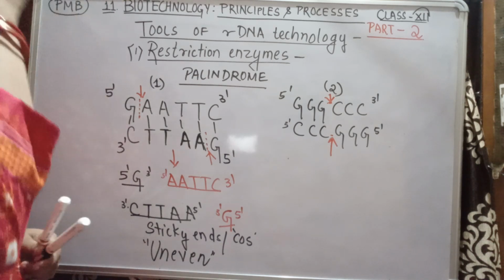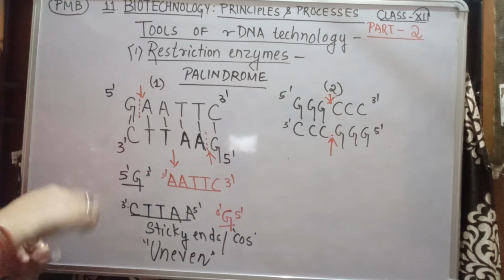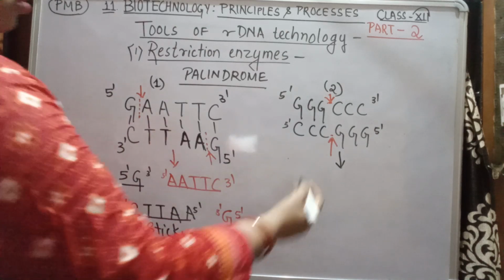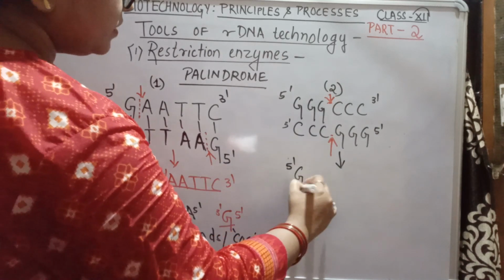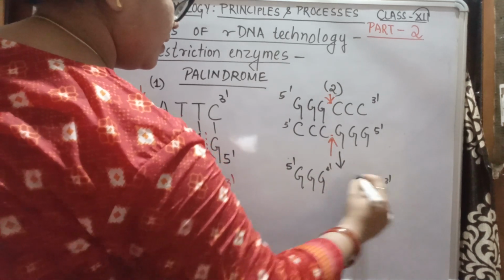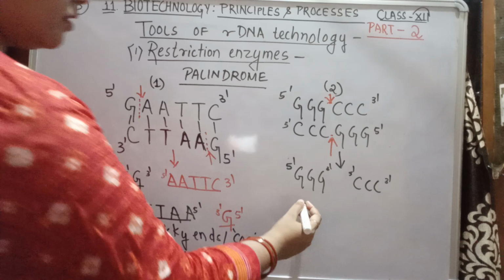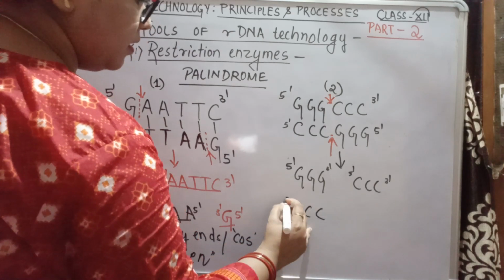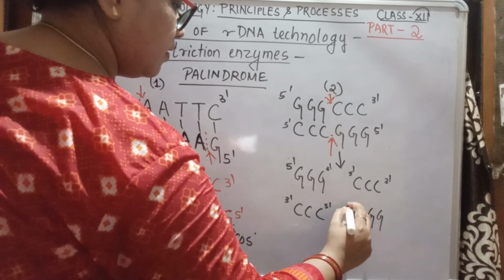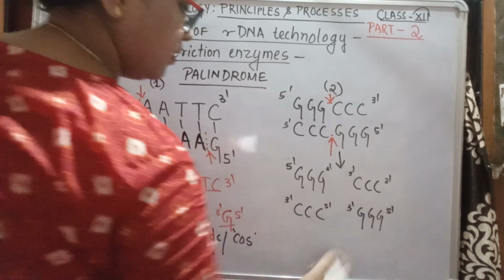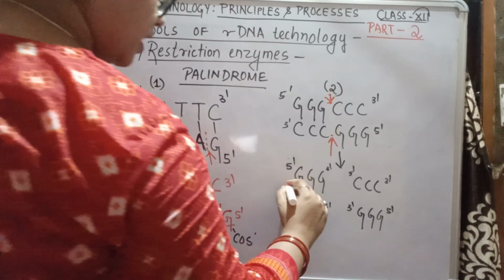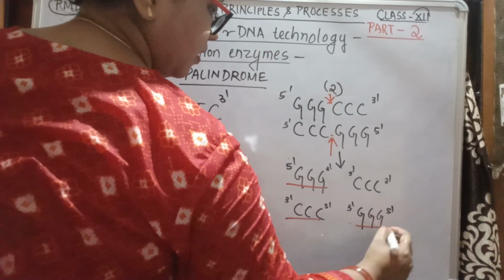Let's see how the ends would look. It would look like 5 prime GGG 3 prime, CCC, and the other would be the complement. The restriction endonuclease has made a cut, and now we are getting even cuts.